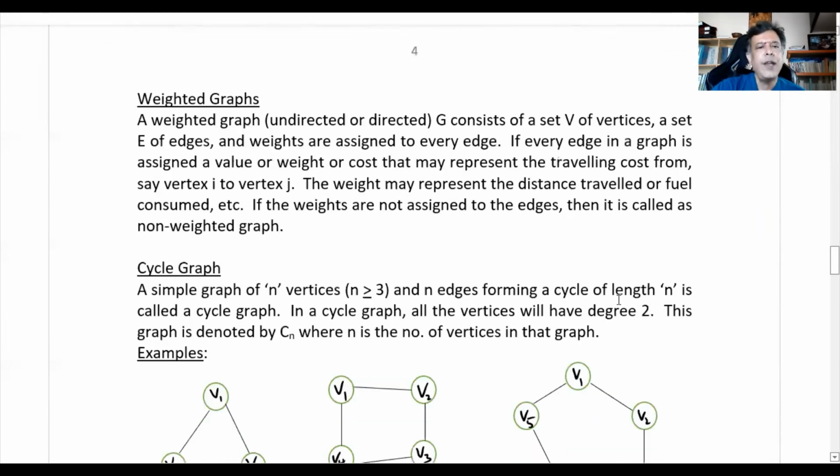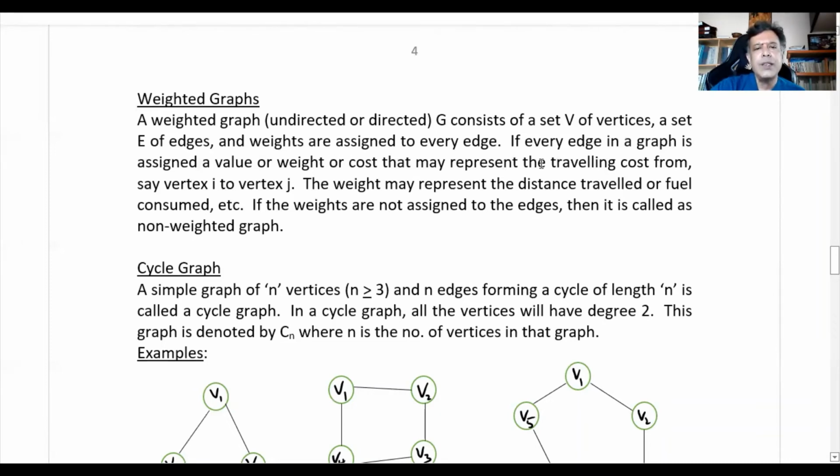Next, weighted graphs. A weighted graph, whether it is undirected or directed, capital G, consists of a set of vertices V, a set of edges which we call capital E, and weights are assigned to every edge.